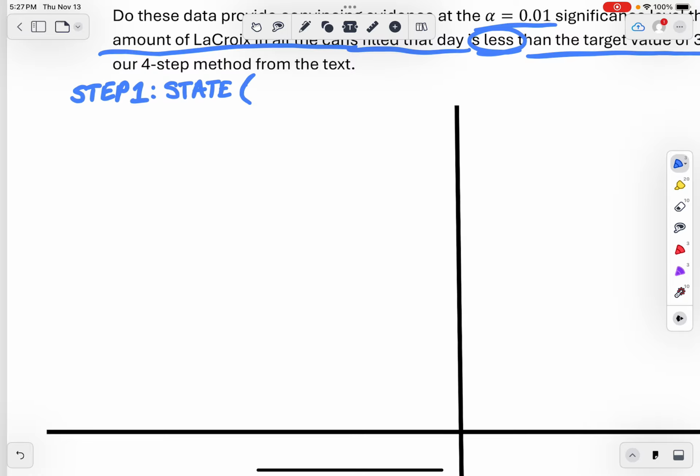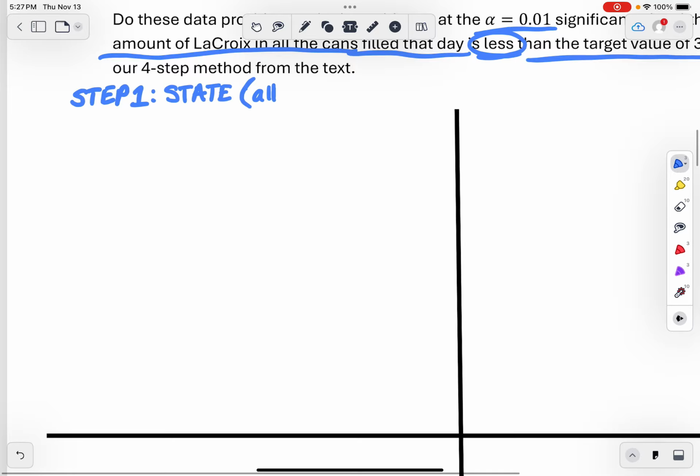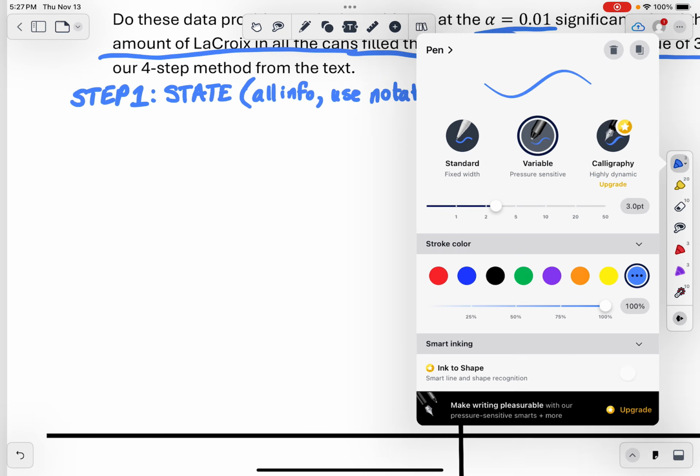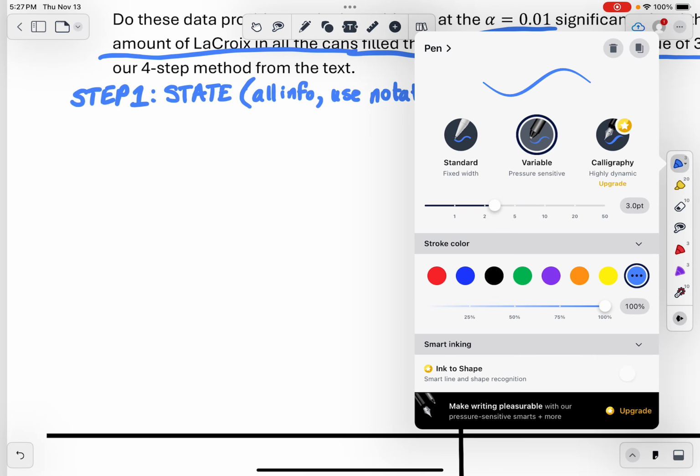In this step you state all your info, and you definitely want to use your proper notation, so you call things exactly what you want to call them.